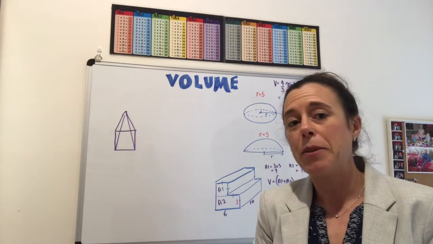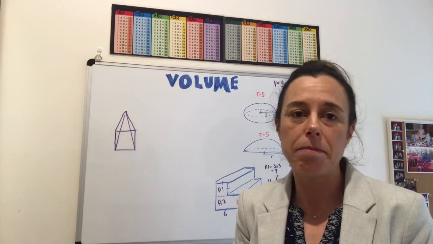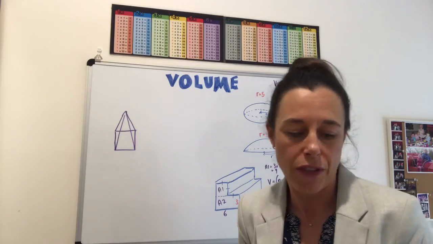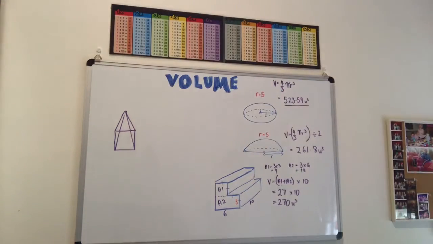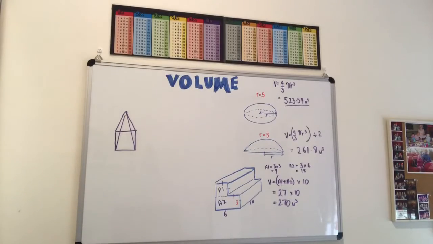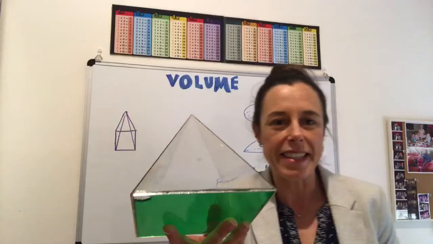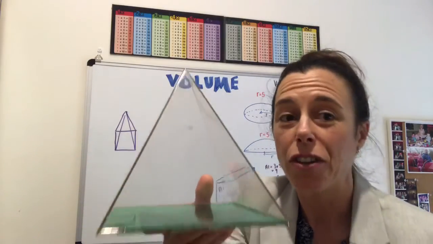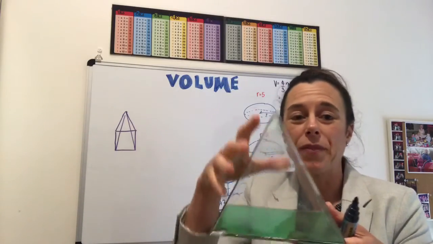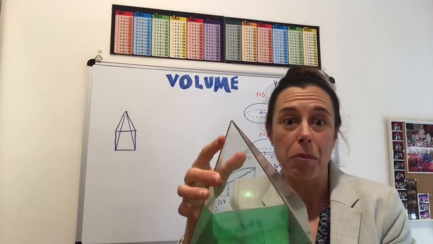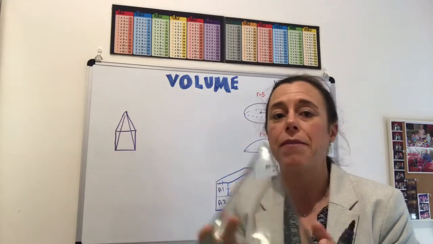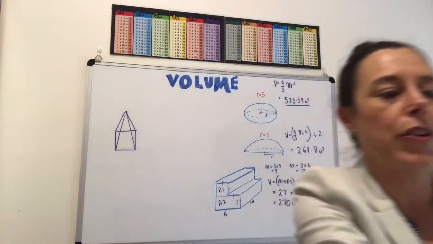So it's basically the same principle as finding a prism, but you're only wanting 1/3 of that, because when we have a pyramid, what you can see is that it's not a full prism. Okay, so it's in fact 1/3 of a prism. So we're going to find the volume as if it was a prism and then times it by 1/3.